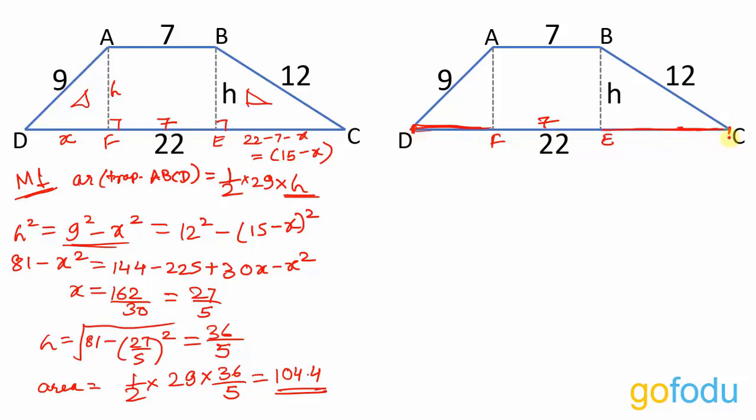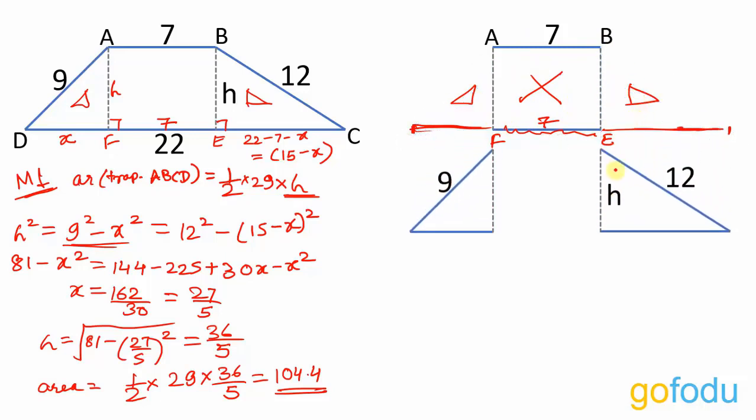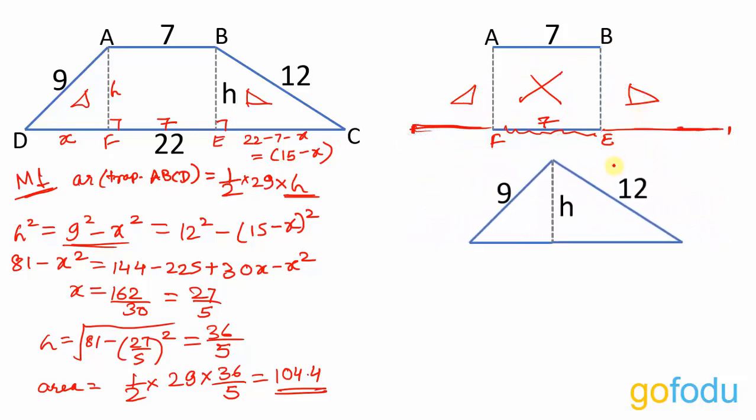Now I will remove this middle part, this rectangle ABEF, and I will combine these two right triangles like this. So this base is 15 units as we saw here, and we have to calculate this height.